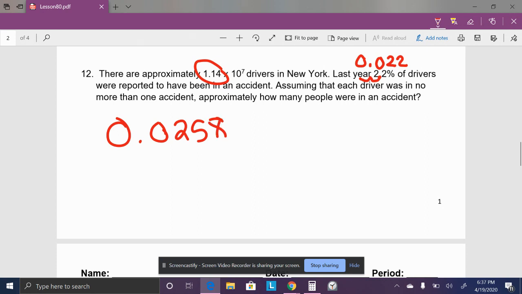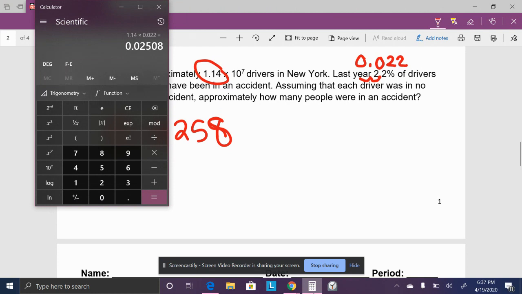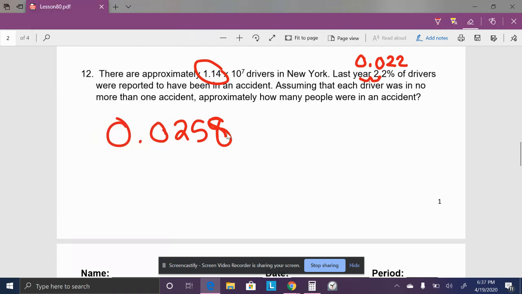I'm just going to double check. Oh, I missed a zero. Good thing I caught myself. 0.02508. And then times 10 to the 7th. That doesn't disappear.